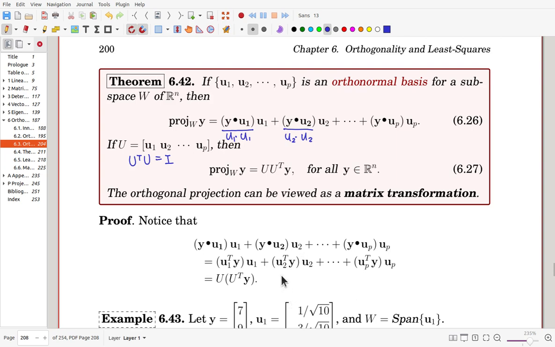Okay, look at this one. We look at that equation here, then each term, of course, these are scalars, constants, and it can be written in this way. That is the same as u1 transpose y, that is the same as u2 transpose y. Now, these values will make a vector in this way. That collection is the same as, in fact, U transpose y.